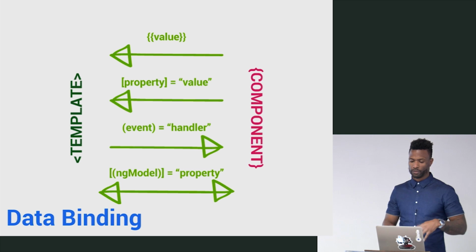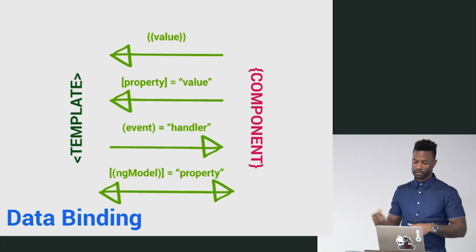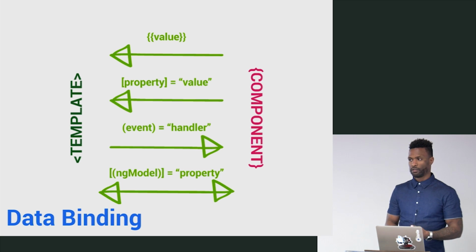So interpolation up top: we see the values between the two mustaches there. Unidirectional, going straight to the template from the component. Properties use the square brackets, and we'll get into more of the syntax in a little bit, but like interpolation above it, it's going from the component to the template. Events are going the other way. The events come from the templates and we handle them in the component.